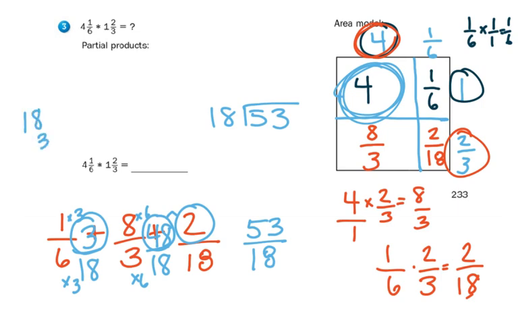How about if I try 3 times? 18 times 3 is 54, that's too many, so I know it goes in there twice. 18 plus 18, or 18 times 2 is 36.